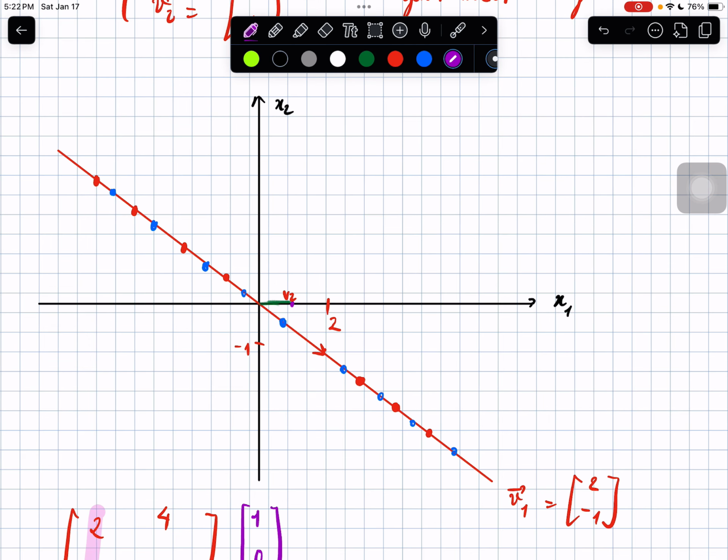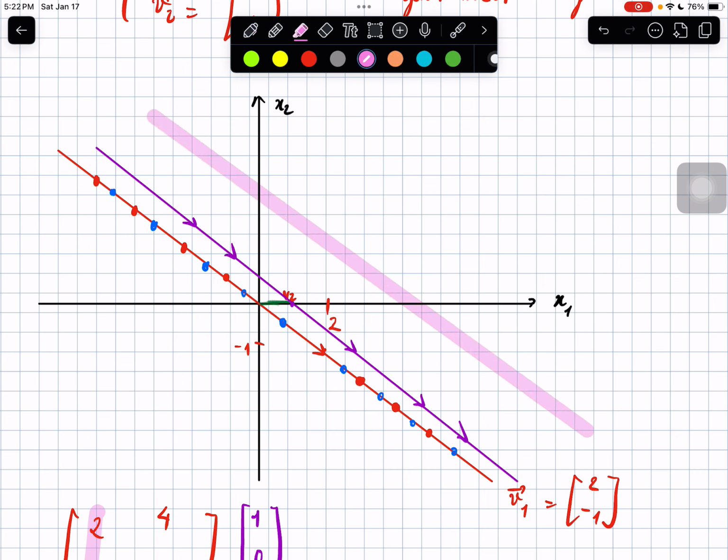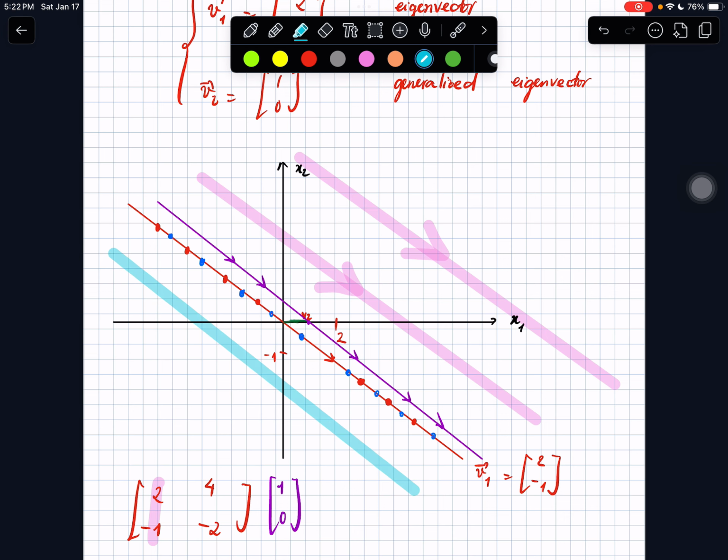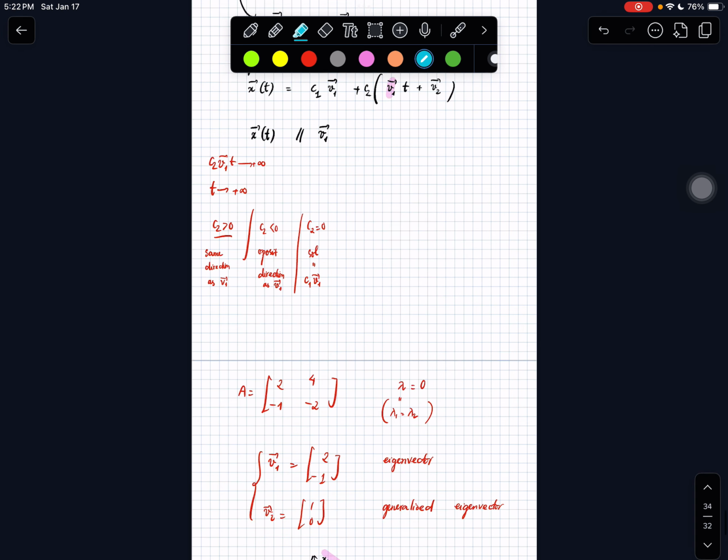So on this side it is pointing down, parallel to the red one, going down. The solution curve corresponds to this line. Same for the other side, parallel lines in the opposite direction. Yeah, so that is all the cases where we have 0 as an eigenvalue.